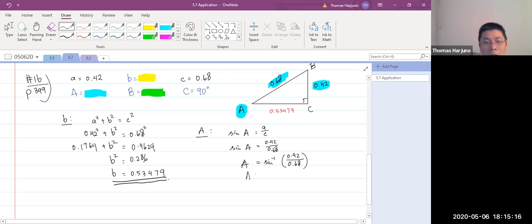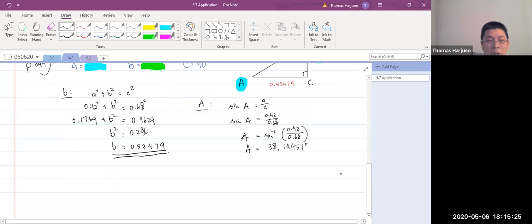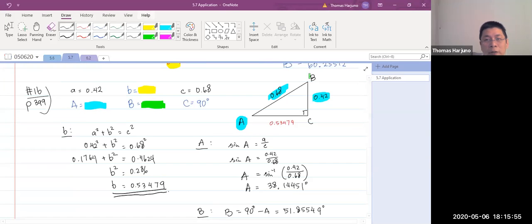I get A equals 38.14451 degrees. Now, B will be 90 degrees minus A, right? I get 51.85549 degrees. Of course, the best way to find B is actually using cosine.